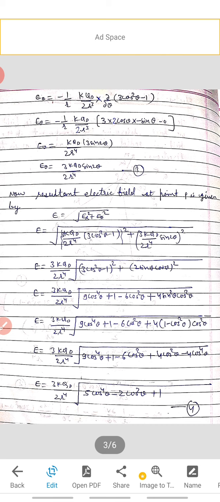This is the resultant electric field at point P due to an electric quadrupole.